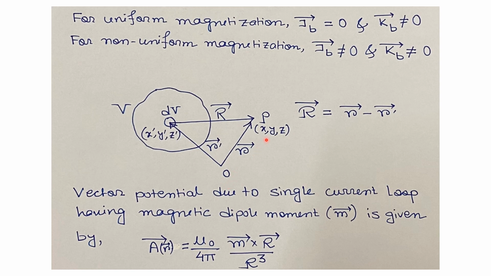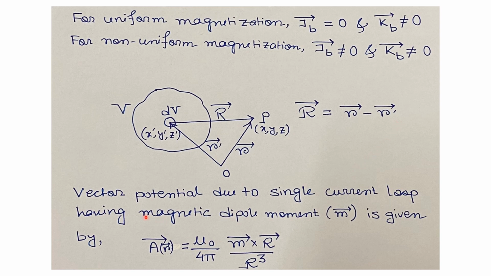And we'll consider another external point P, which has the coordinates x, y, z. So from the volume element, the external point P will have position vector capital R, which is basically the r vector minus the r' vector.